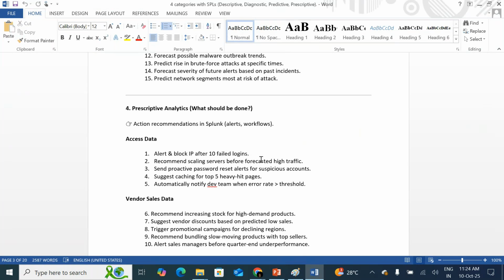You got my point? This is his experience, but we don't know whether it has happened or not. It's just a prediction. Maybe it will be done or not. If not done, what do I need to do? That is called prescriptive. Prescriptive needs to be taken.